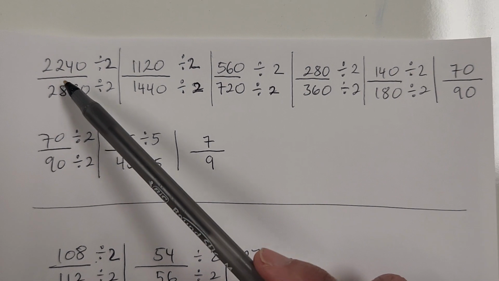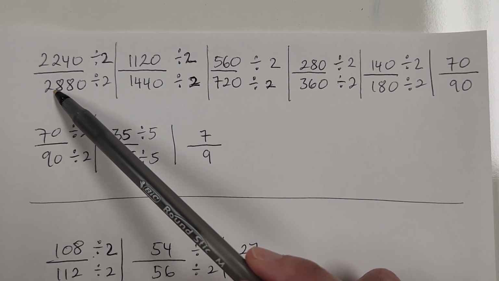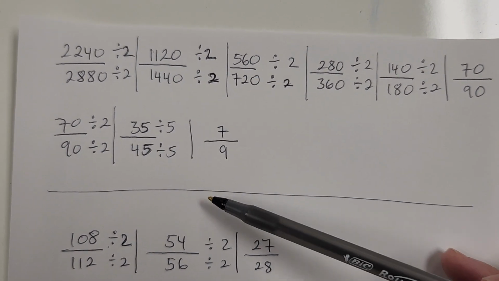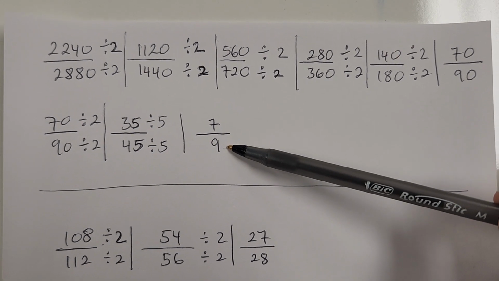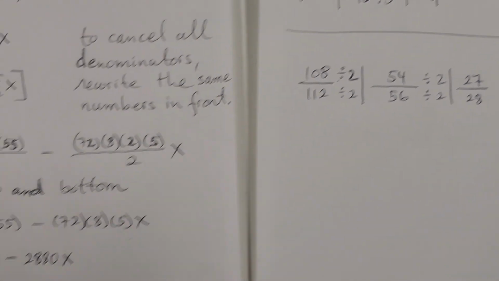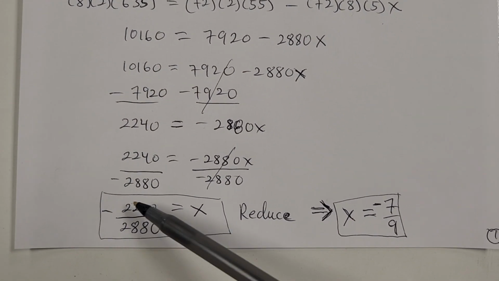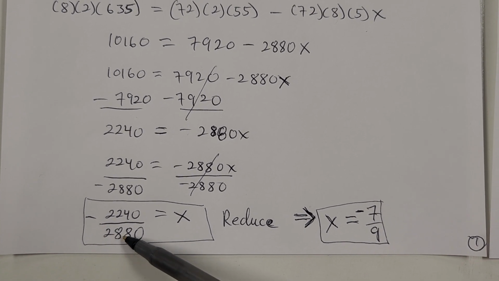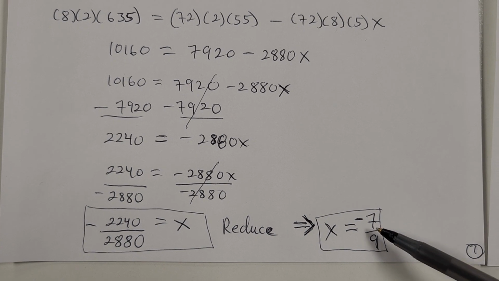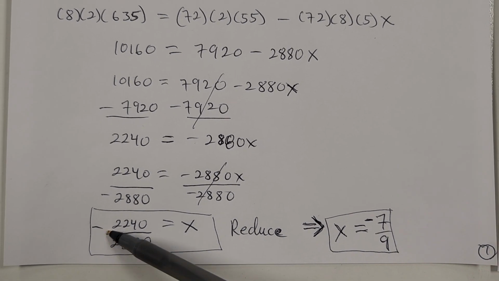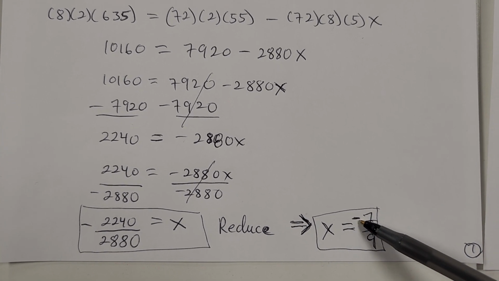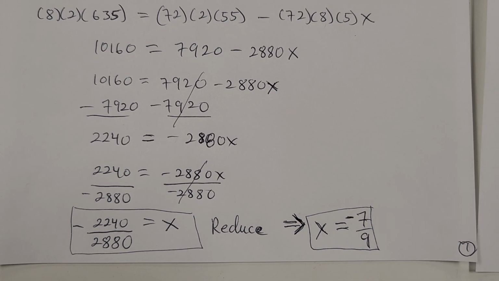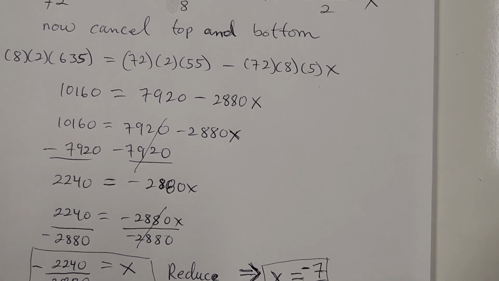Okay, so 2240 over 2880 is reduced to 7/9. So that's how I got the answer over here: x equals 2240 over 2880, which is 7/9. And don't forget the negative, always bring the negative. Okay, so that is the first example.